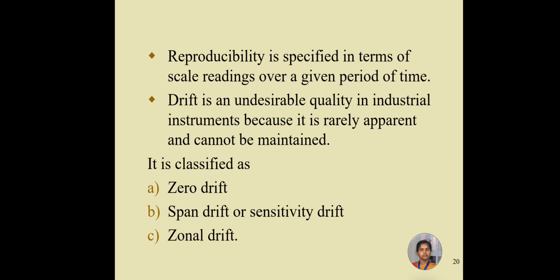Reproducibility is specified in terms of scale readings over a given period of time. Drift is an undesirable quality in industrial instruments because it is rarely apparent and cannot be maintained. It is classified as zero drift, span drift or sensitivity drift, and zonal drift.